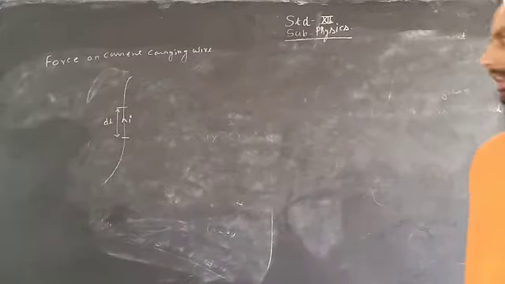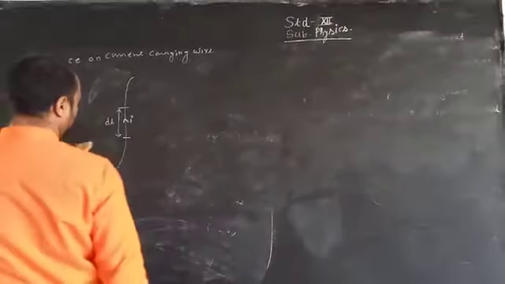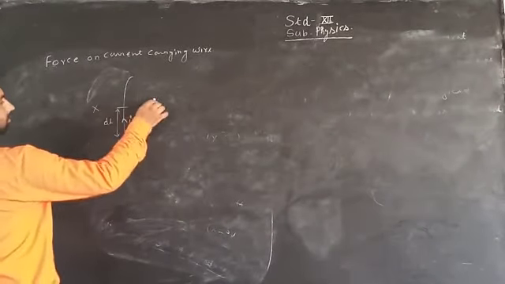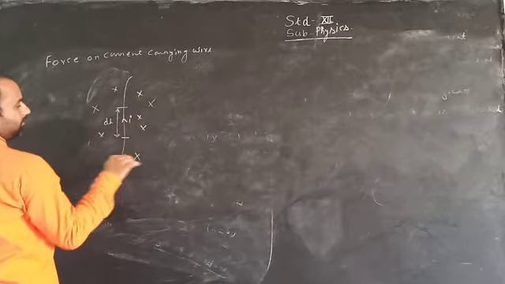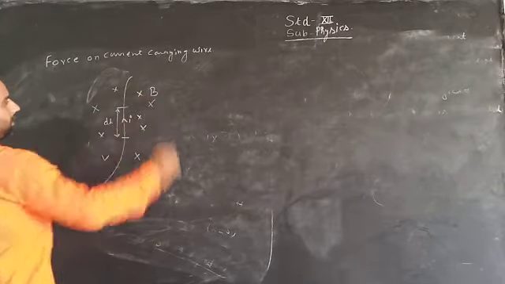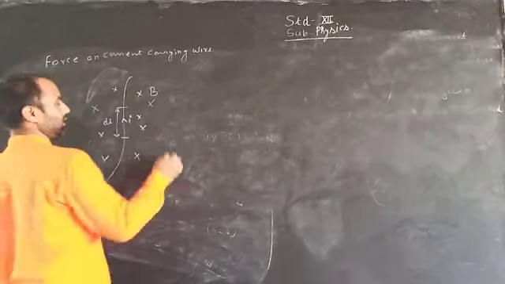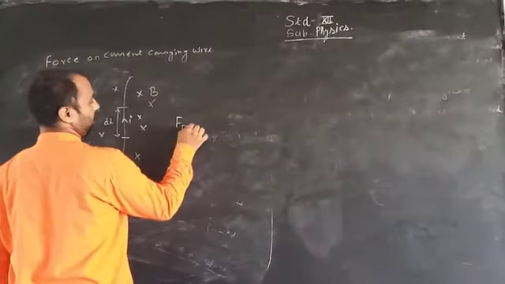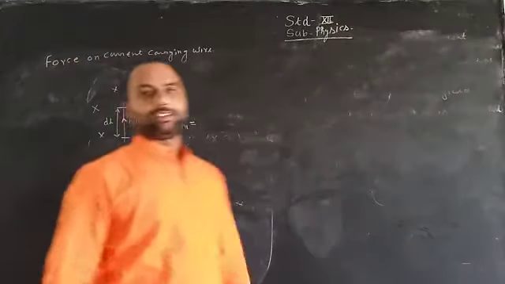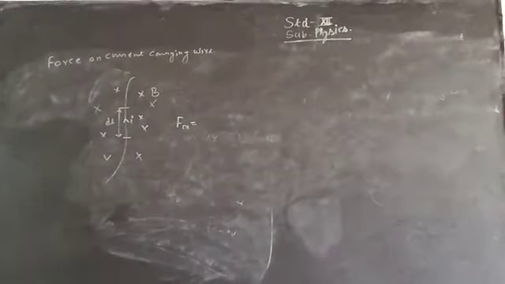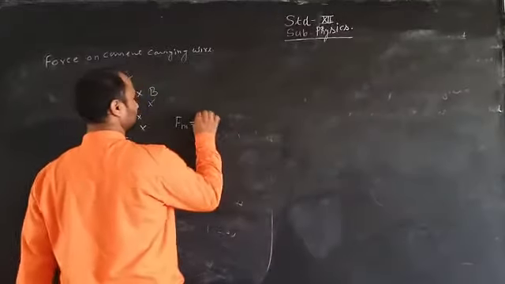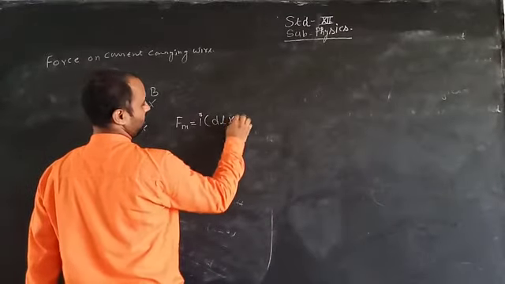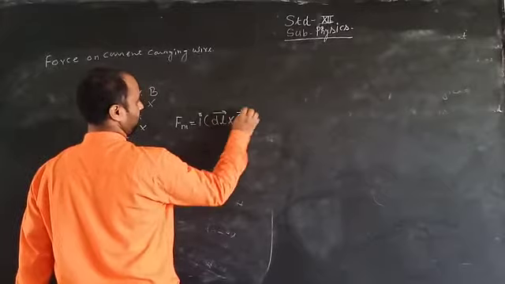So we have to see that the magnetic field is placed, and this is the magnetic field, and the magnetic force that is acting on the particle is I into dl cross magnetic field.